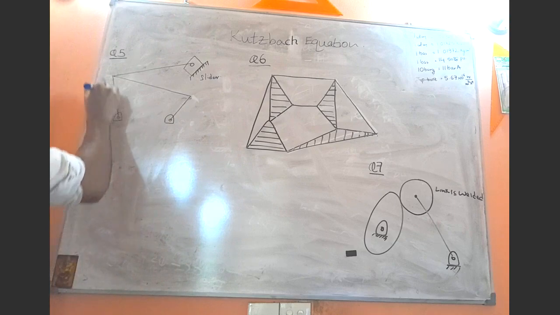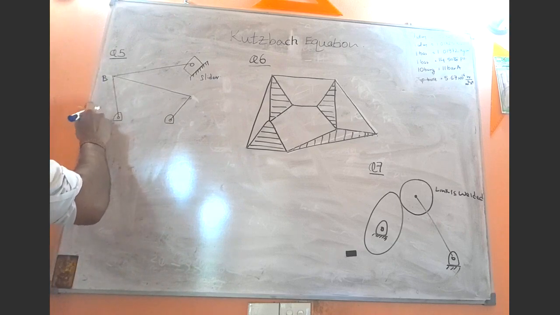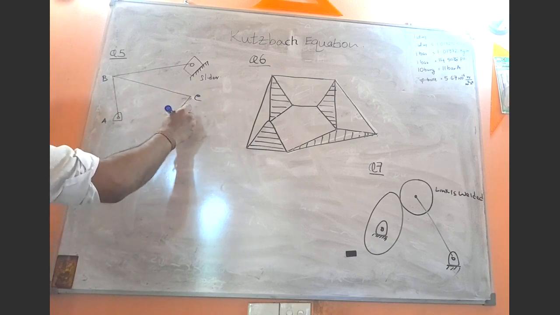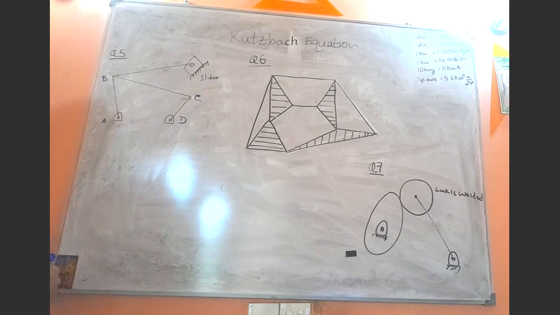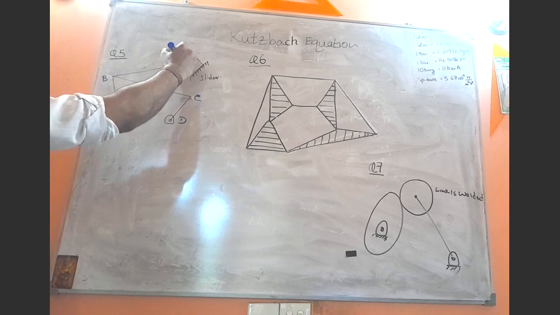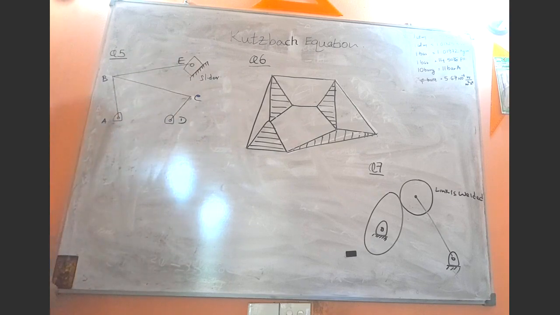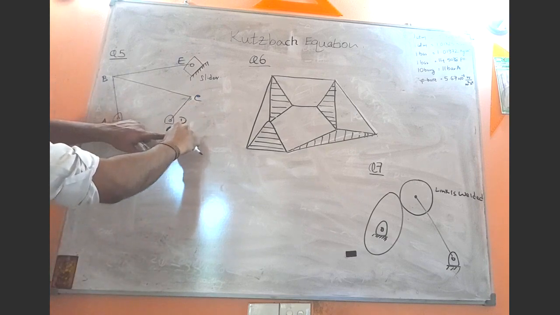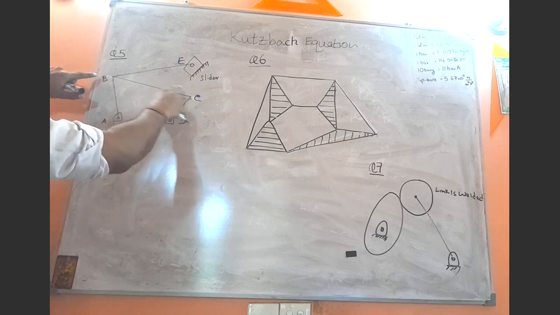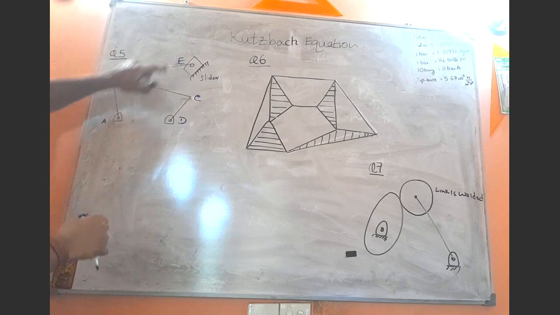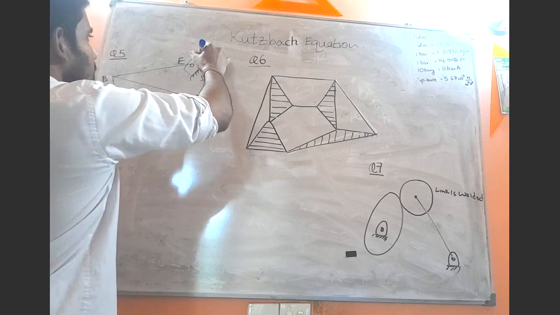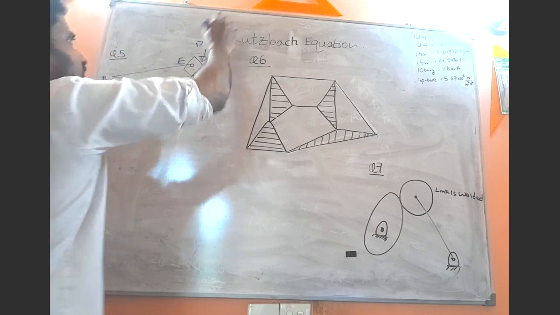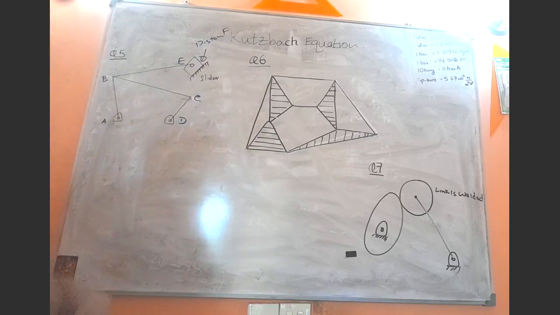Here let's name this link AB, then BC, then CD, then BE, right? So this is link AB and this is link CD, and this is link CB and this is link BE, and this one is the piston F, or in other words let's call it slider F, right?